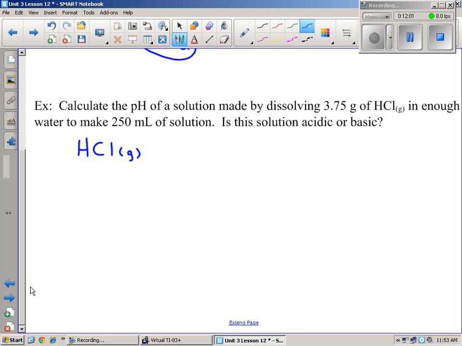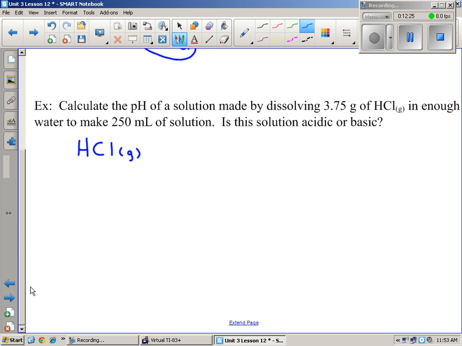No, okay? By the way, this is a gas right now. If you take a pH meter or pH paper and you stick it in HCl gas, you know what you get? Nothing. Because HCl is not an acid. We've talked about this numerous times.